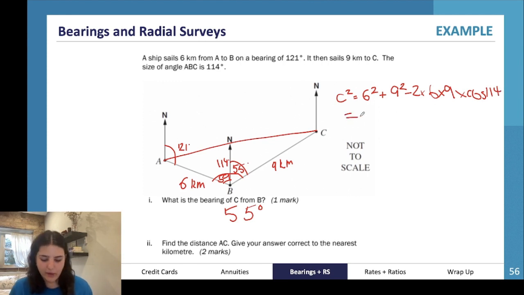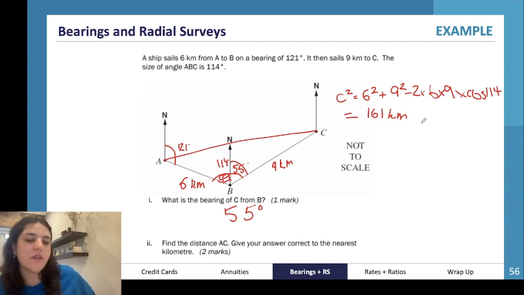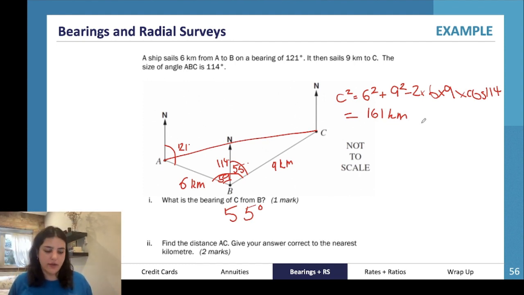So once we pop that into our calculator, 6 squared plus 9 squared minus 2 times 6 times 9 times cos 114, we get 160.92, and it says to the nearest kilometer, so 161 kilometers. That is a kind of more complicated bearing and radial survey question.